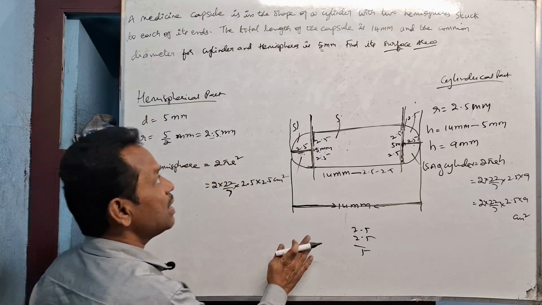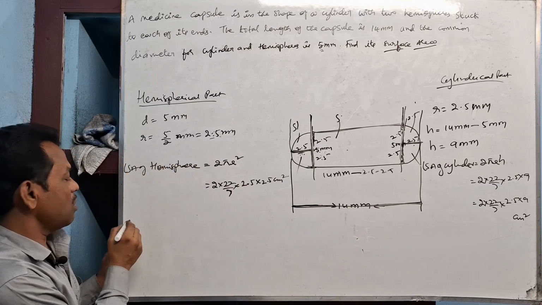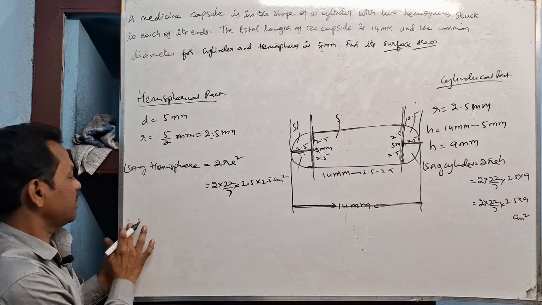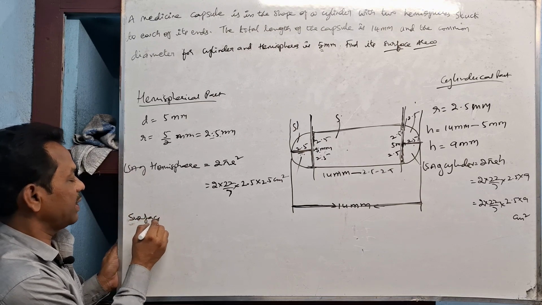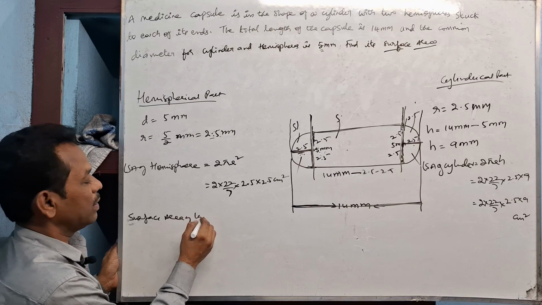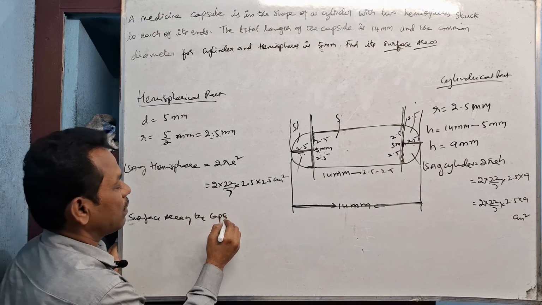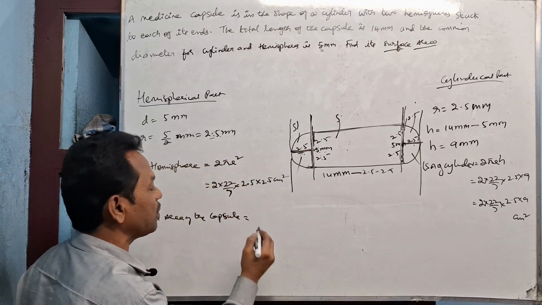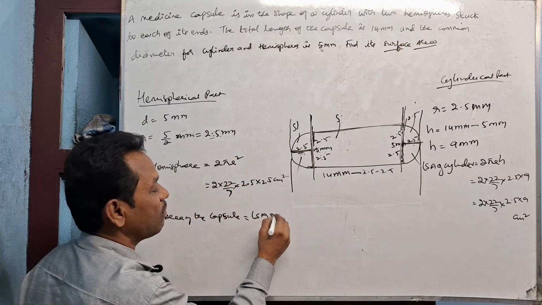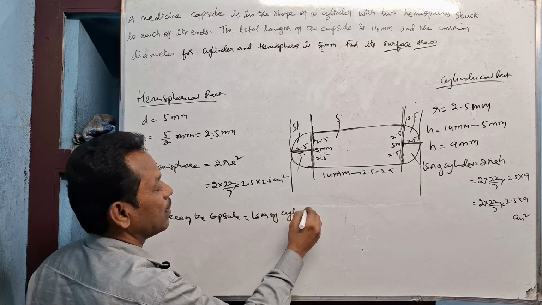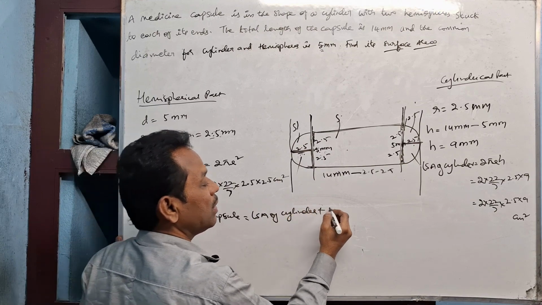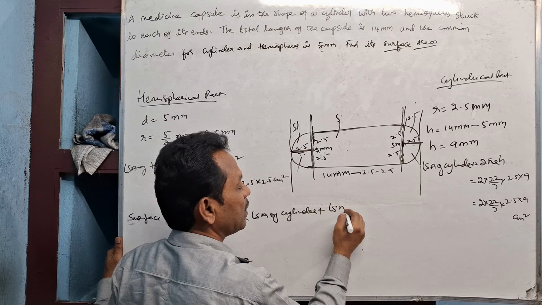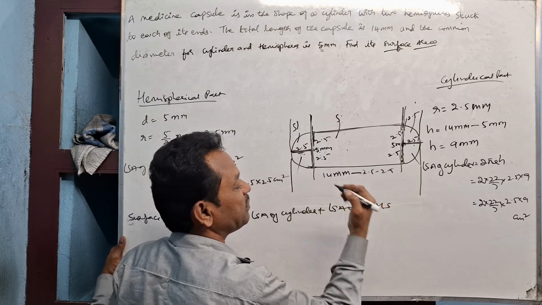So I want the surface area of the capsule. Bacho, how to find the surface area of the capsule? First I'll take the LSA of the cylinder plus the LSA of two hemispheres.